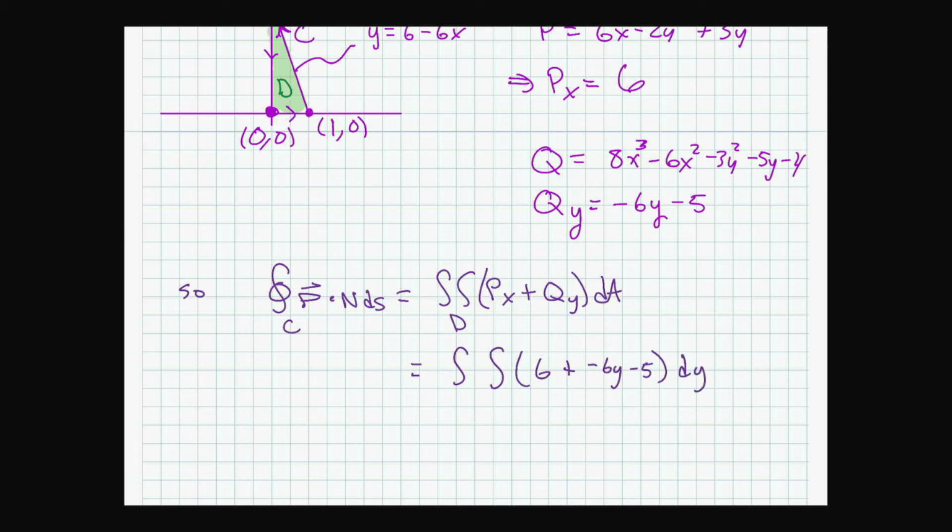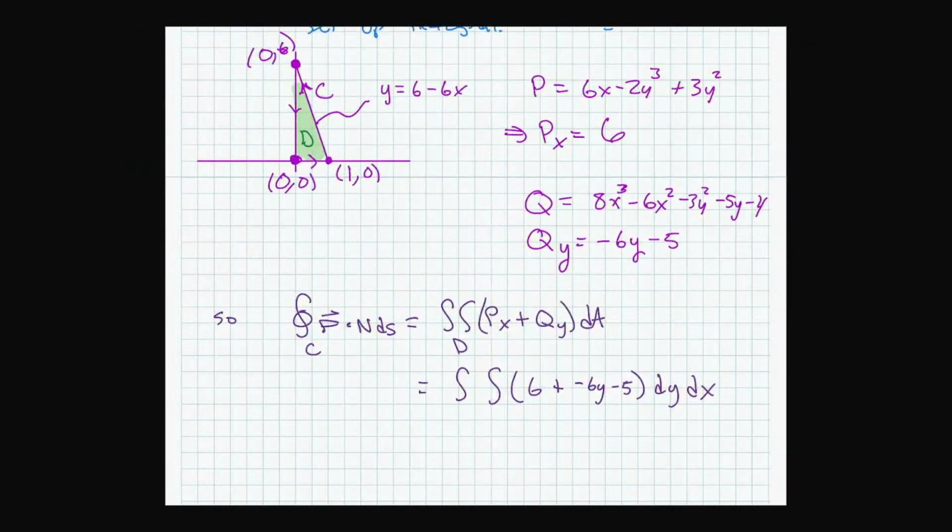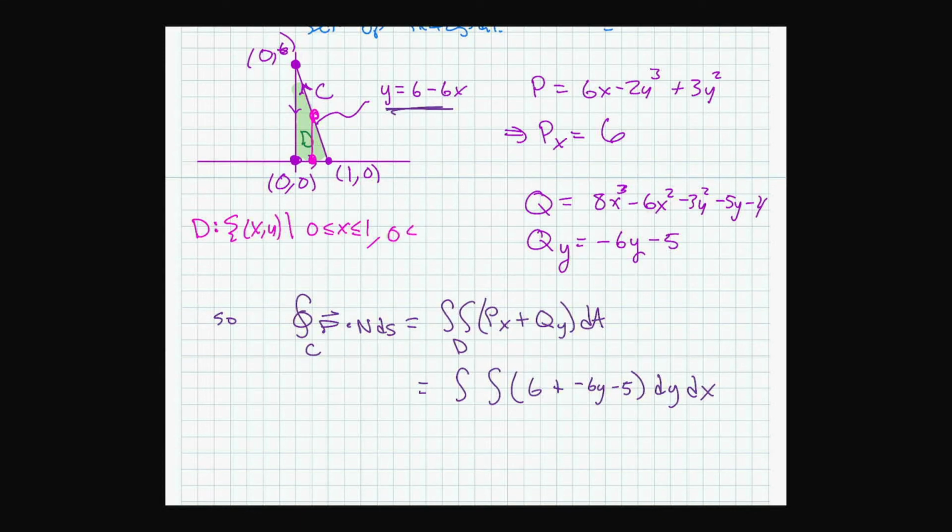We'll do dy dx. And the reason we're going to use dy dx is because once we have the equation of that line there, you're able to say that our D here is the set of all x comma y such that the x can just go 0 to 1, and the y value can go from 0 up to that curve, which is 6 minus 6x.